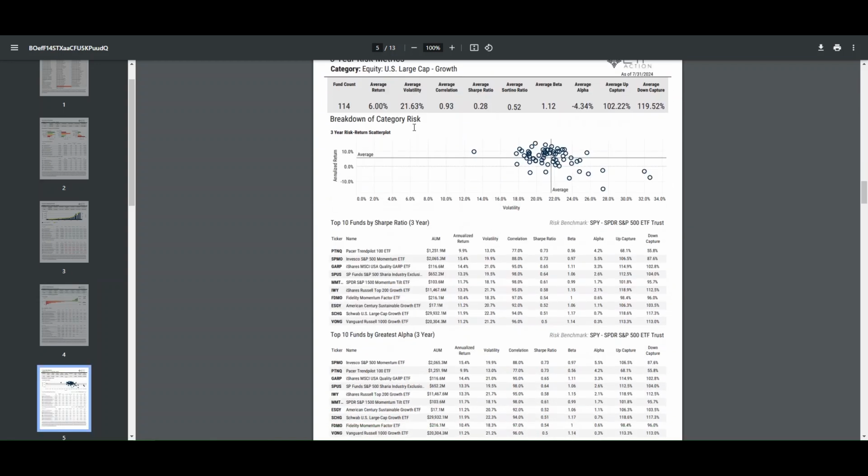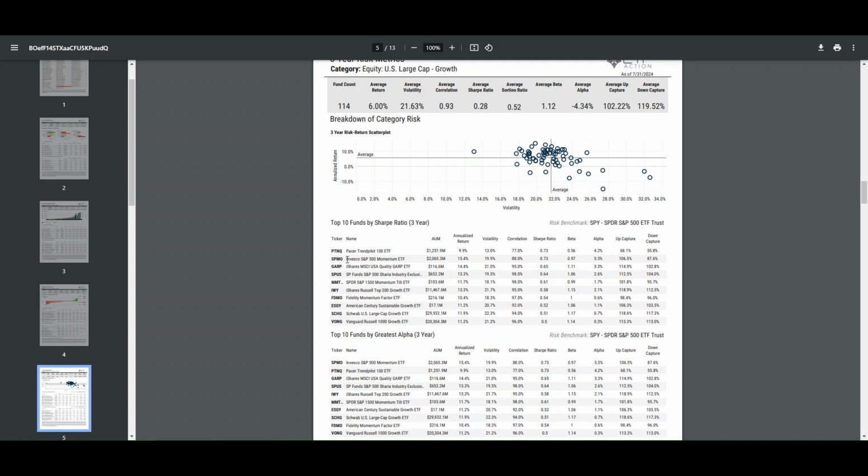We'll move through to risk statistics. Again, we do it at the category level, and then at a fund level, the top 10 funds currently by Sharpe ratio on a 3-year period, so you have to have a 3-year existence to qualify for this page. The Pacer Trend Pilot 100 ETF has a Sharpe ratio of 0.73.